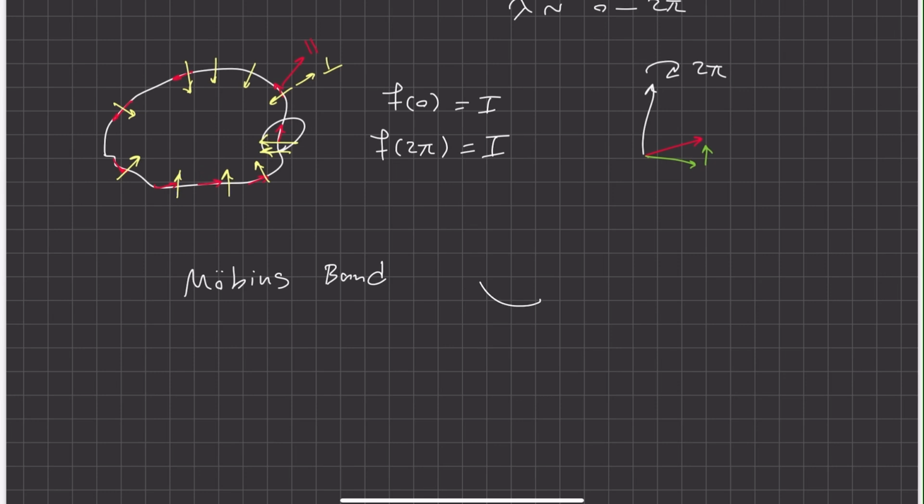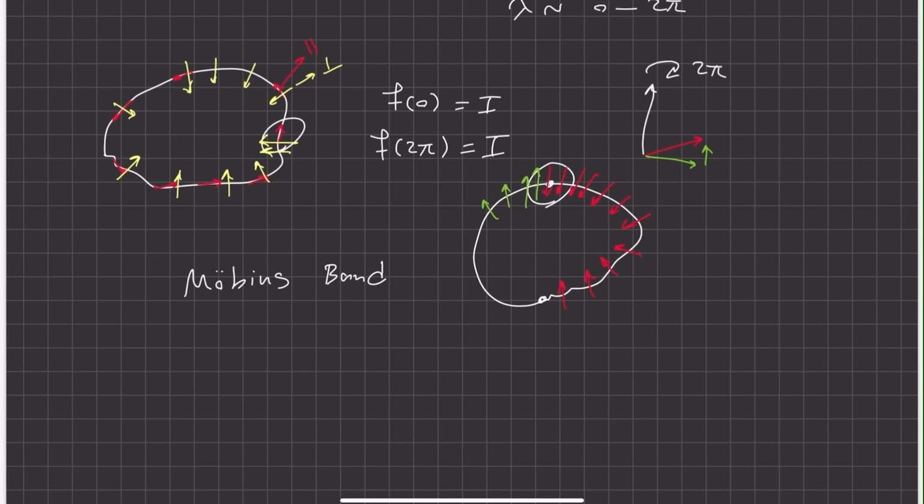A Mobius band is something that is closed. It's a closed path, but there is a twist here, and I can't really draw it right now on this page, but there is a twist that just flipped the orientation of the field. So imagine if I start from here and transform these vectors. At this point, when we are twisting, the direction of the perpendicular field is going to change, and it's going to be on the other side.